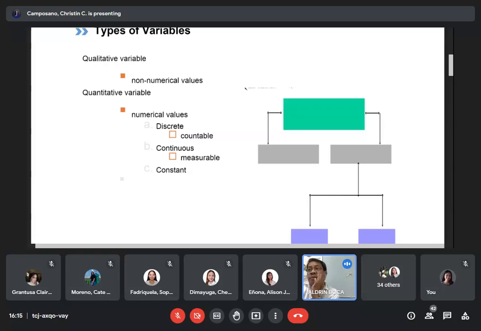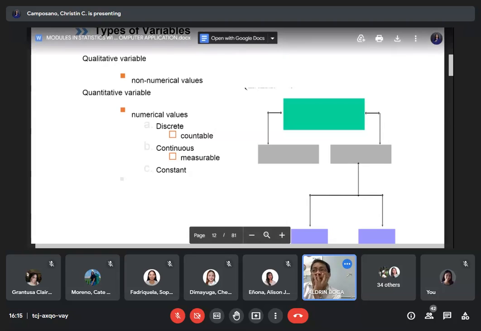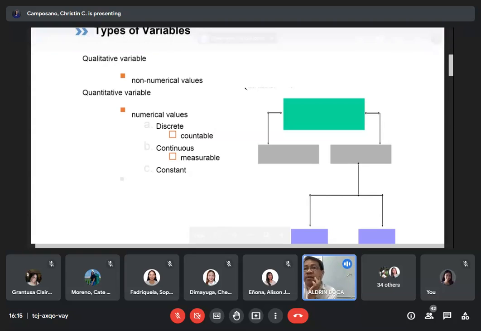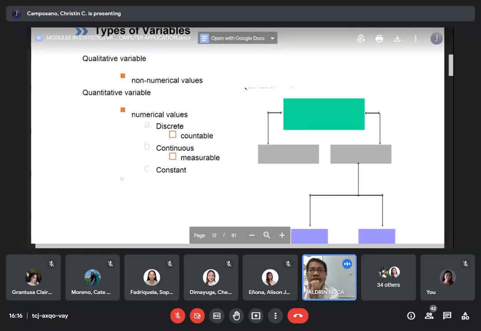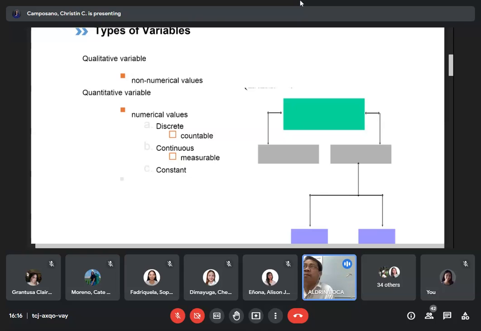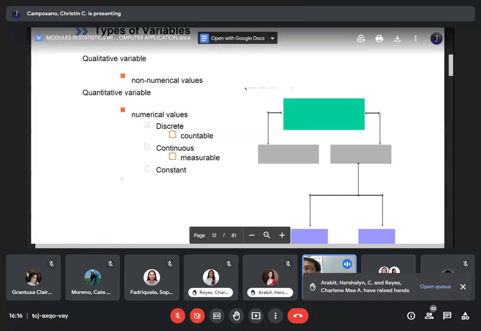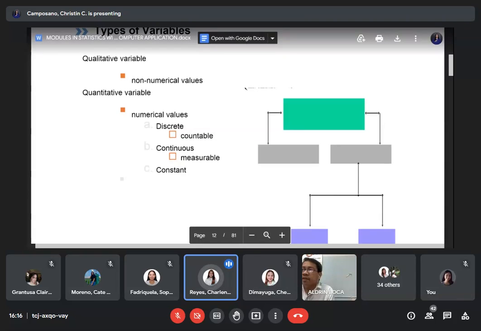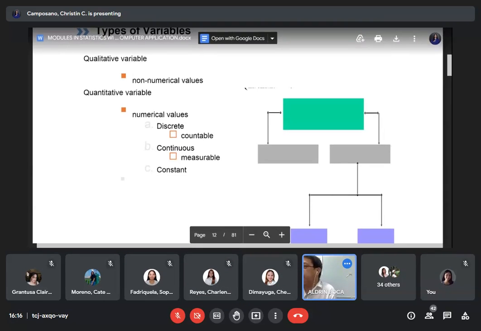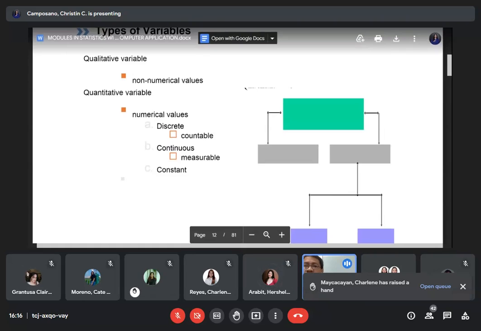Okay. Will you please give me another example of a qualitative variable? Anyone who can give me another example? Yes, Reyes and Arabic. Socioeconomic status, sir. Okay, socioeconomic status. Religion.